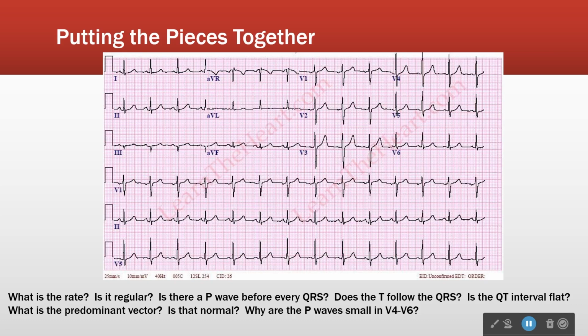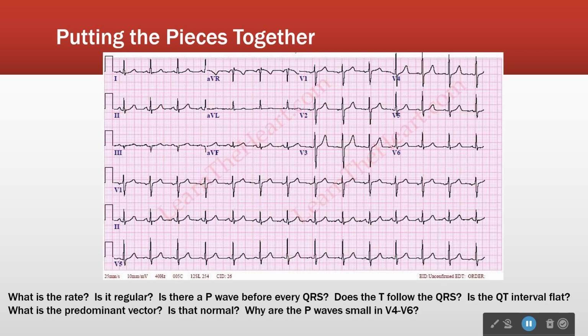Okay, so remember lead 1, 2, and 3, AVR, AVL, AVF. So these are our Cabrera circle leads. Okay, so our frontal plane circle. V1 through V6 are our coronal plane leads, right? So they're giving us the pictures in that plane.